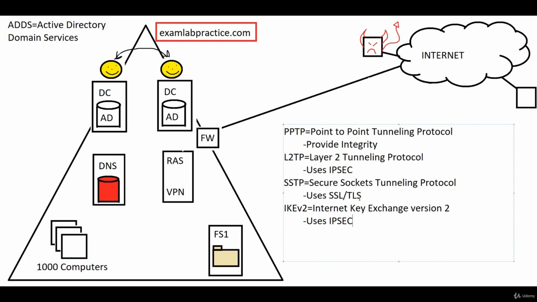It's not vulnerable to replays or any of that. And it supports what's called VPN Reconnect, which is really cool. If you lost your connection, it'll auto reconnect, and you won't actually lose any files or any of that stuff that you're connecting into.